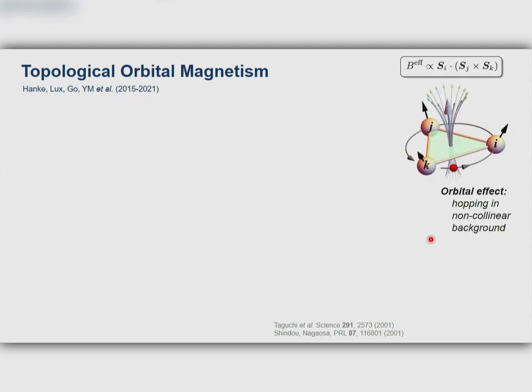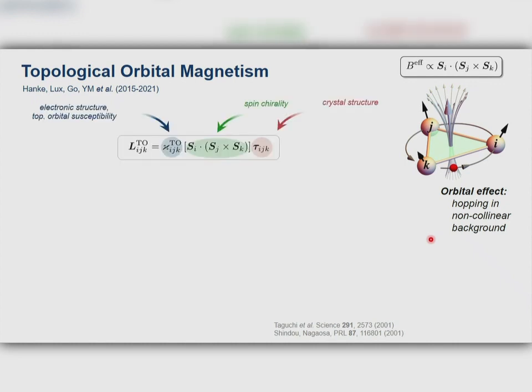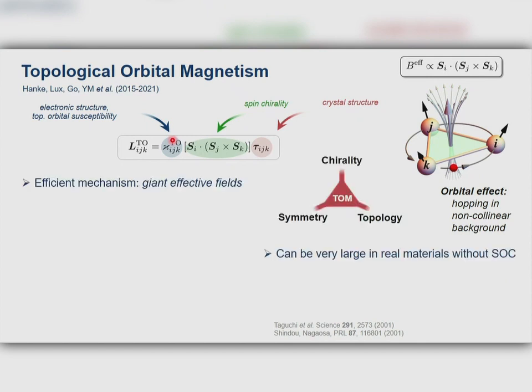And when things are non-collinear, we have known for some time that there is a special flavor of orbital magnetism, which we call the topological orbital magnetism, which is due to hopping of your electron around triplets of non-collinear spins. This type of orbital magnetism is proportional to the chirality, and the strength of it is given by what we call a topological susceptibility constant. It is a solid effect.